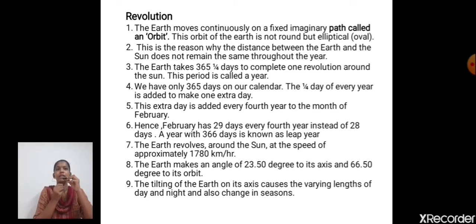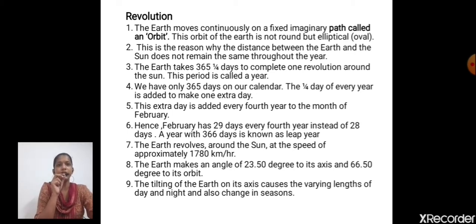This is the reason why the distance between the earth and the sun does not remain the same throughout the year. When it is circular in nature, it would have a similar distance, but it is elliptical, it's oval in nature. That's why the distance between the earth and sun does not remain the same throughout the year.